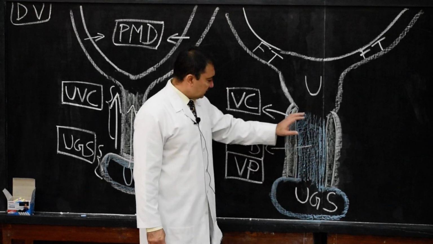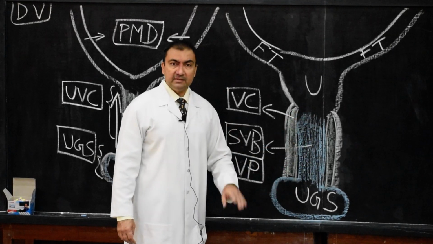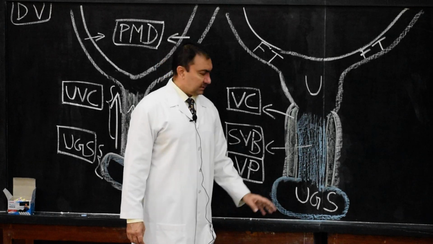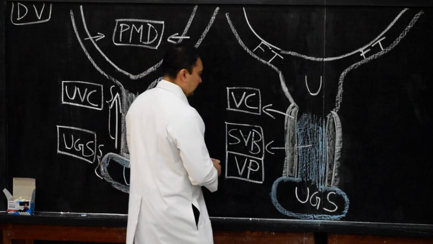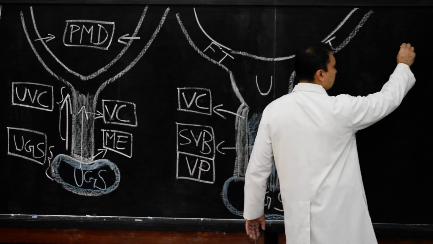Now in this sinovaginal bulb there will be canalization of the cells. They will canalize in such a way that, if I draw over here, please come on this side.